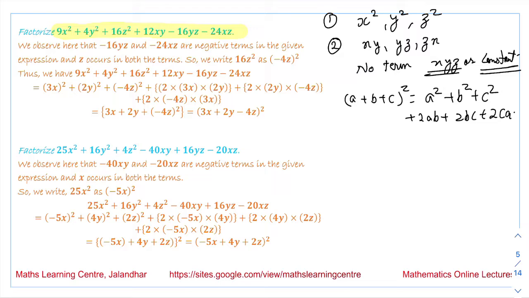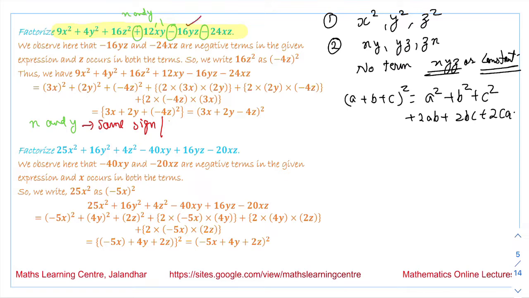Now, the second thing we notice is that there is a negative sign over here, a negative sign over here, and a positive sign at this point. What this tells us is that when x into y has a positive sign, it means x and y have the same sign.